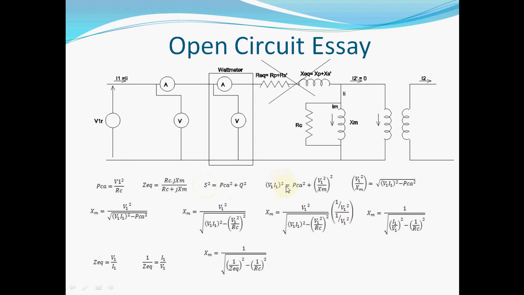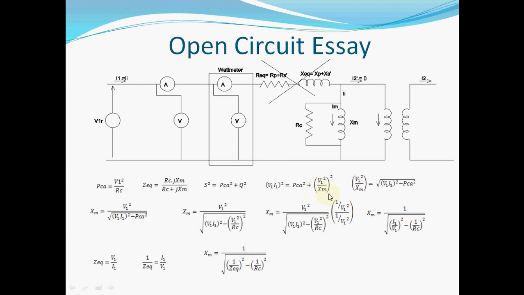It's equal to the square of PCA plus the square of Q. What is it? It's a reactive power, and given by this expression, the square of the voltage divided by reactance, magnetizing reactance.